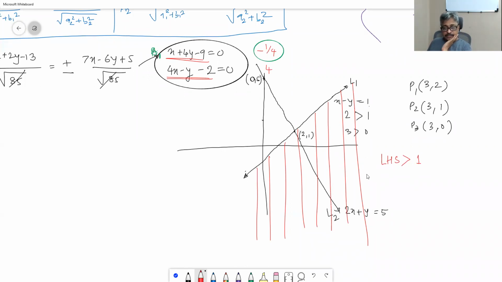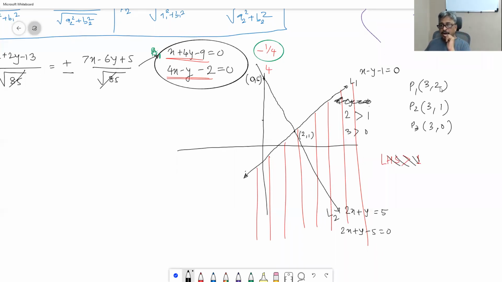Yes or no? Okay, for the purpose of simplicity, right from day one, let me not write this as x minus y equals 1. Let me write it as x minus y minus 1 equals 0. Let L2 be 2x plus y minus 5 equals 0.